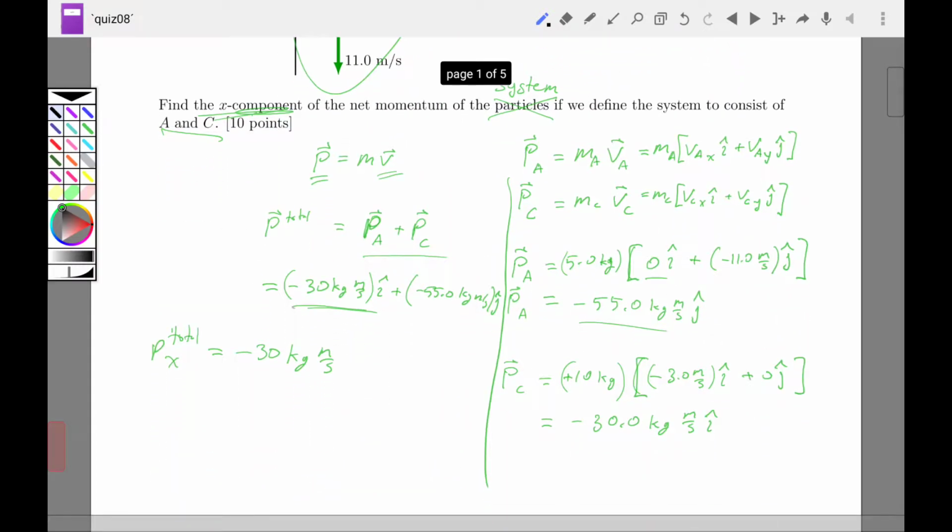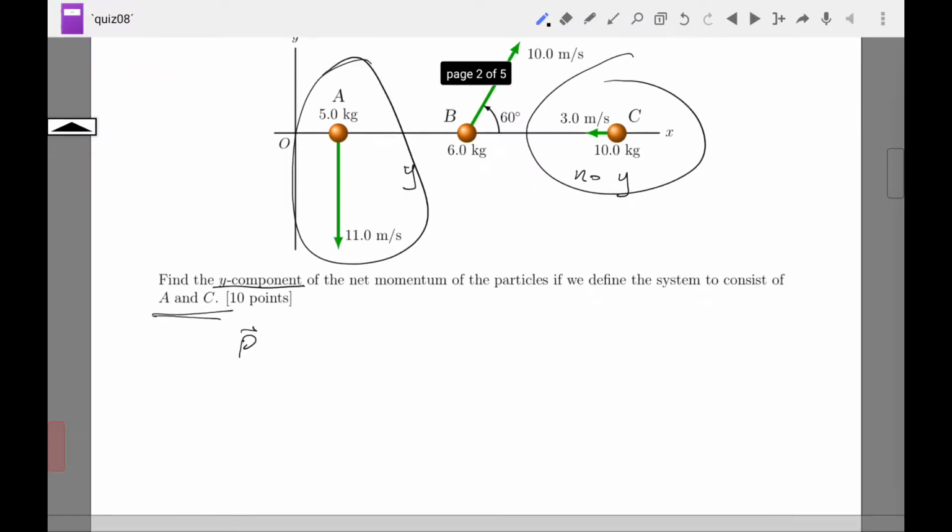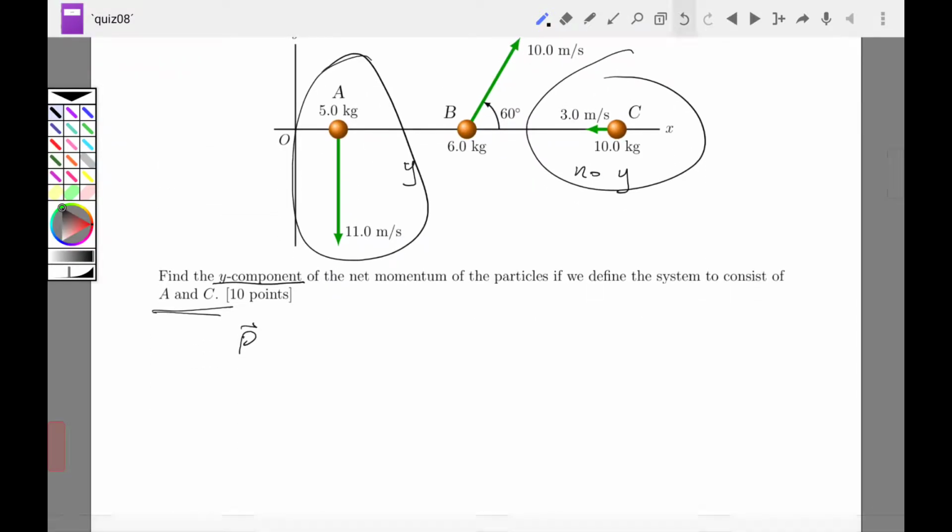I'm just showing you explicitly what was going on. Here, you could have just said, oh, we're looking for the y component of the net or total momentum, where the system is A and C. Well, I look at C, that's got no y component. Just A has a y component. So I could have just written this down right away.